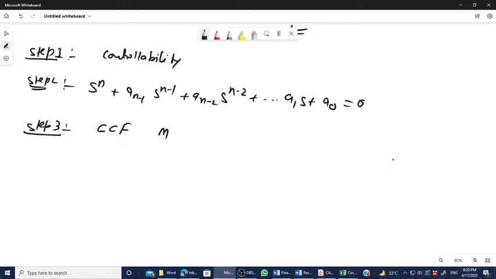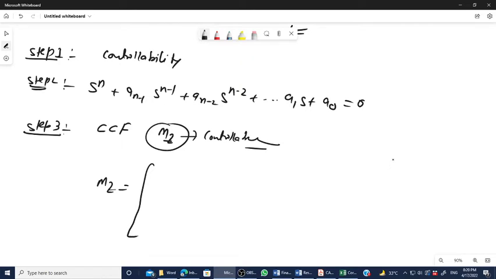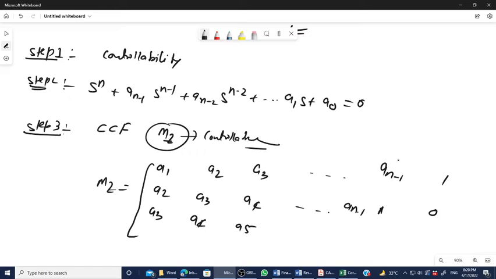Find the controllability matrix Mz, and this Mz is given as: a1 a2 a3 dot dot dot a n minus 1 1, then a2 a3 a4 up to a n minus 1, then 1, then 0, then a3 a4 a5, then 1 0 0, and so on.